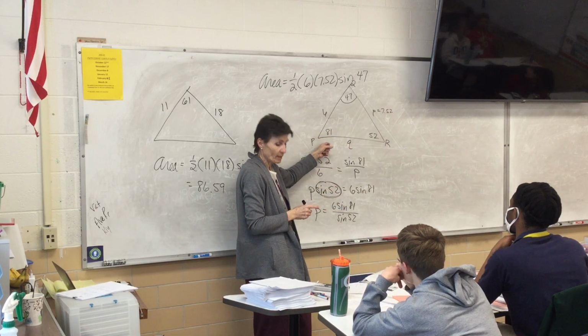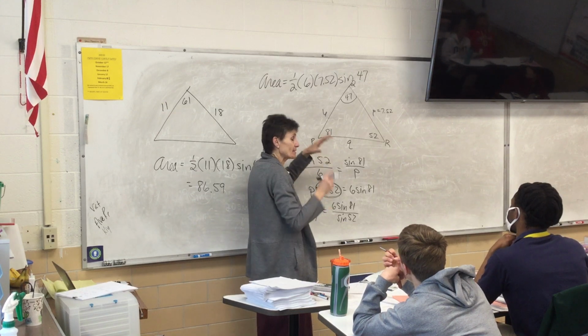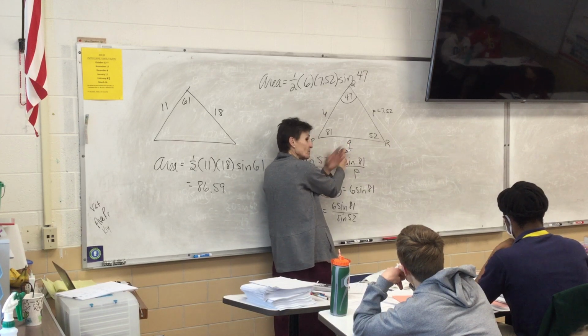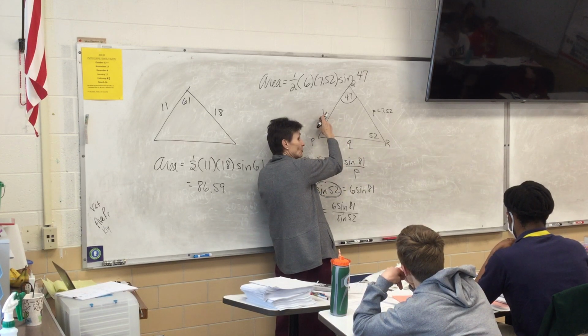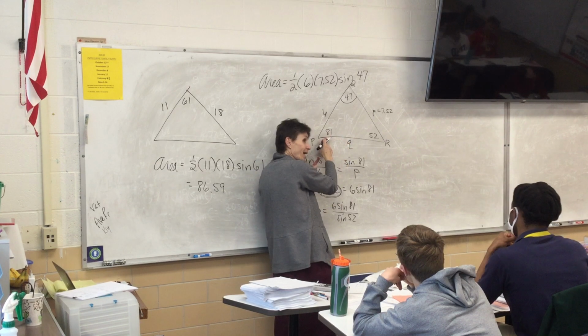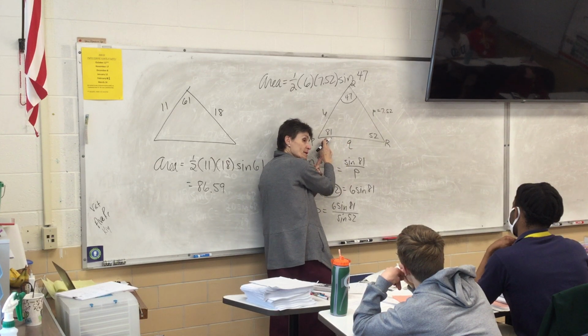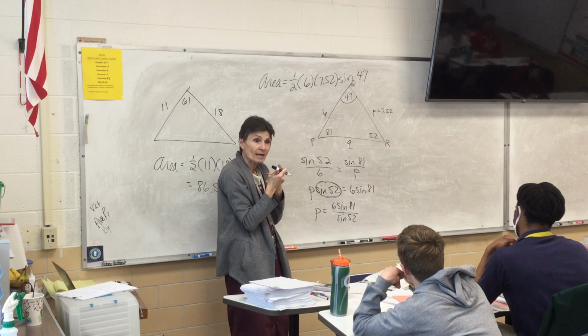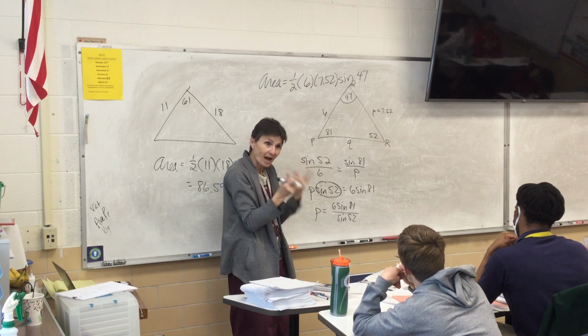Does everybody understand that if you chose to find side Q, which is perfectly fine, then you're doing 1/2 times 6 times Q times sine 81? Because in this formula, you must use the angle that is between the sides that you're using.